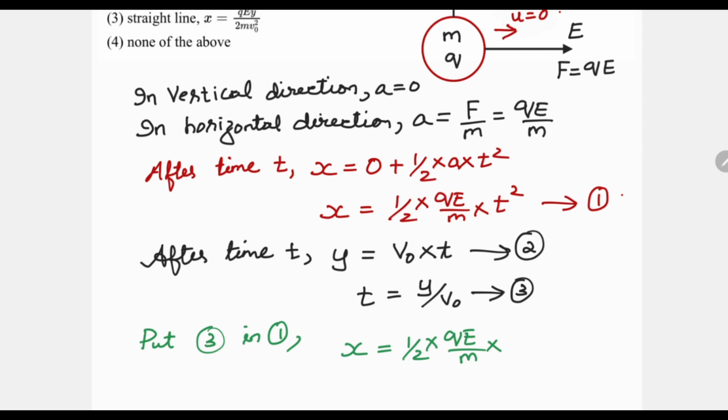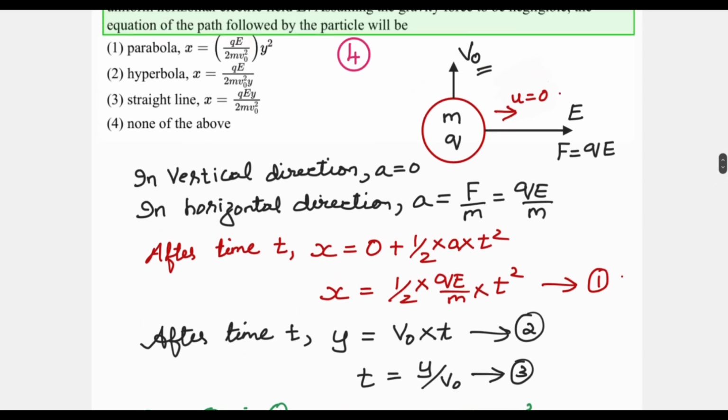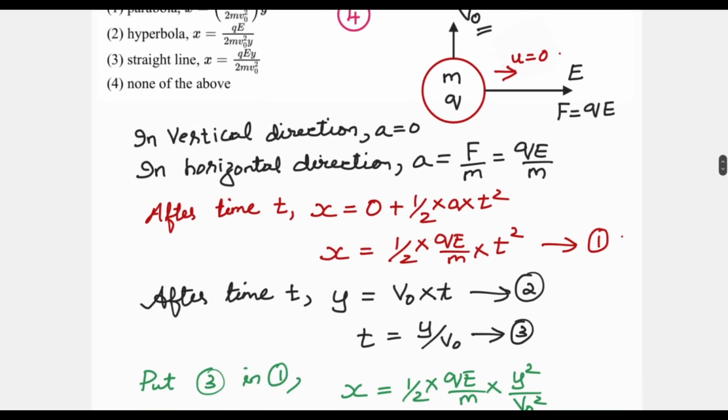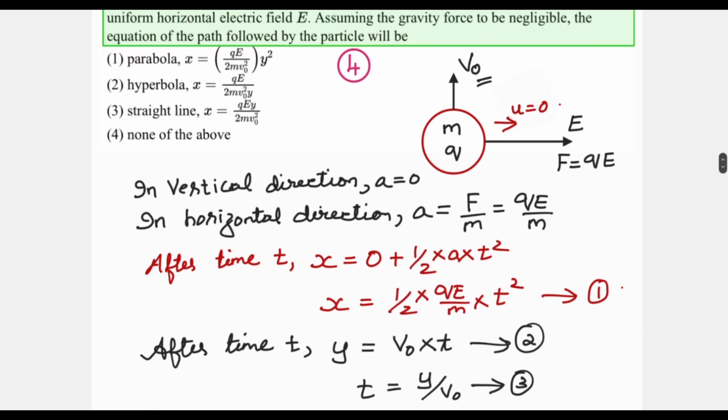In the position of t square, you can substitute y square by v0 square. So this is the equation of a parabola. So the best choice is x equals qE by 2m v0 square into y square. First choice is the correct answer.